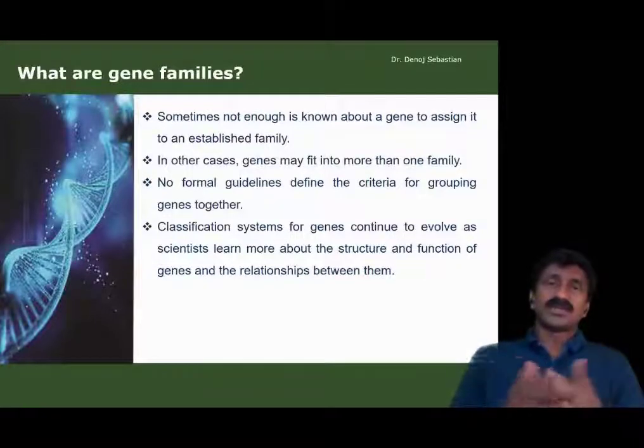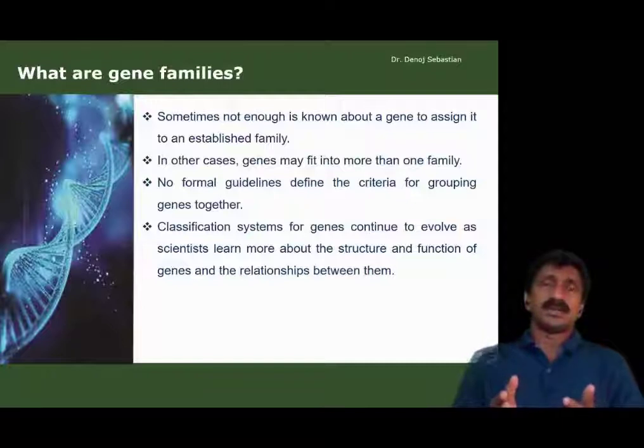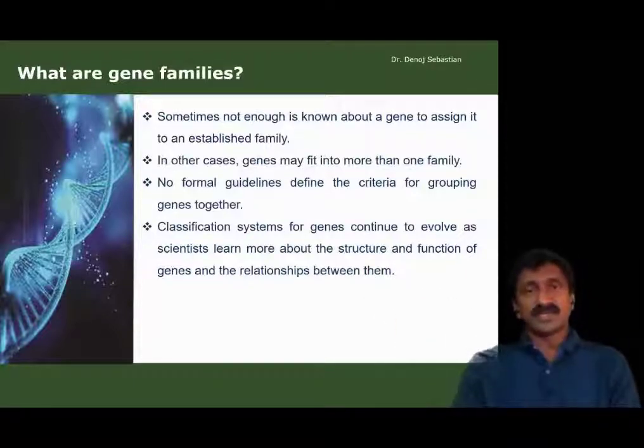Sometimes not enough is known about a gene to assign it to an established family. The current understanding of that particular gene may not be sufficient for placing it under a family. In other cases, genes may fit into more than one family.